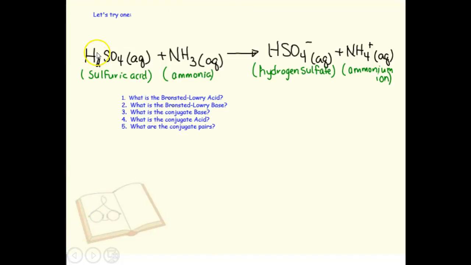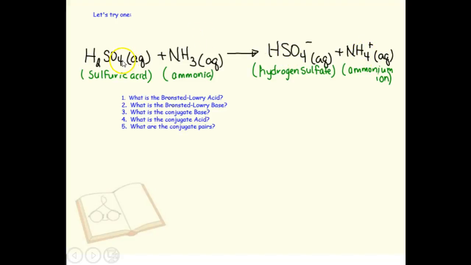How'd you do? Did you say that the sulfuric acid is the acid that donates, and the ammonia is the one that's going to accept it? So this is going to become the acid.